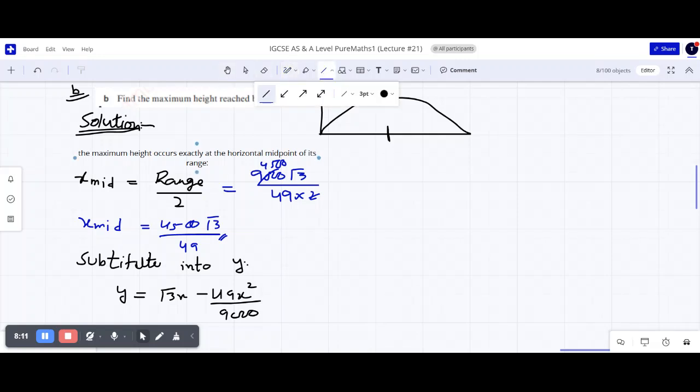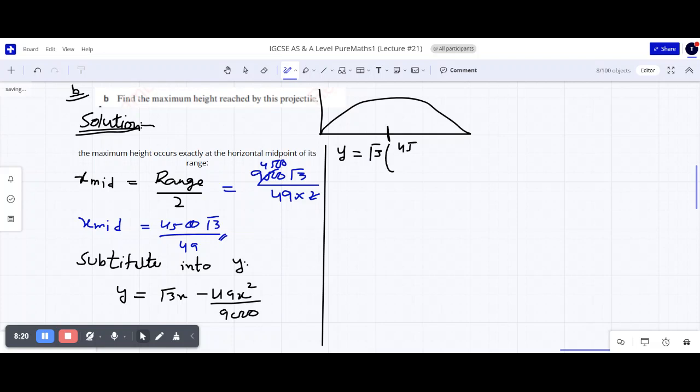So y equals root 3 times 4500 root 3 divided by 49, minus 49 times, 4500 root 3 divided by 49, whole squared, divided by 9000.